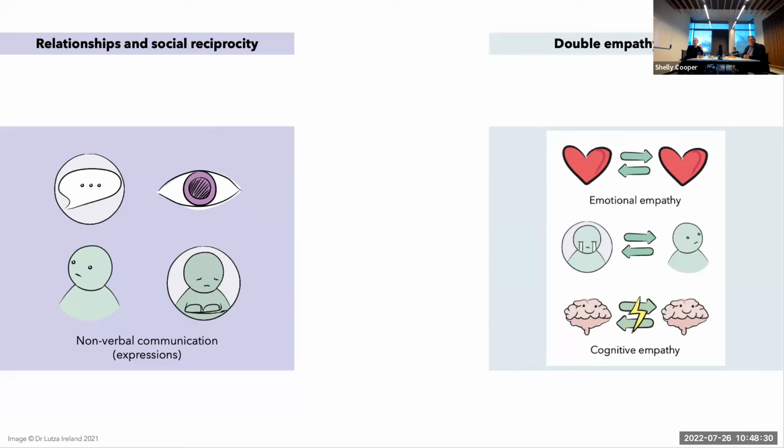The double empathy problem is that neurotypical people often assume that, for example, autistic or other neurodistinct people have lack of empathy or lack of understanding because their body language and actions don't convey the type of response that someone would want to get. So for instance, if someone says, I've got a headache, and the other person says, well, how about you take some painkillers?